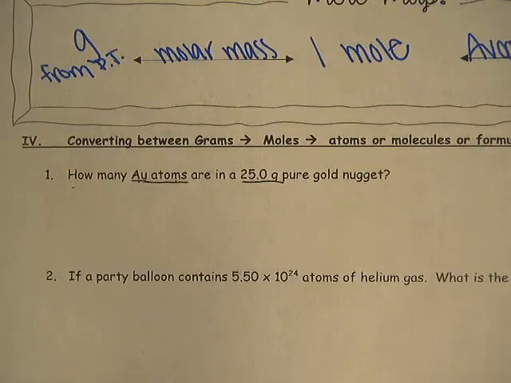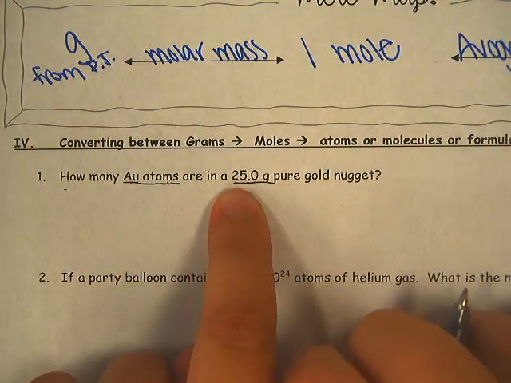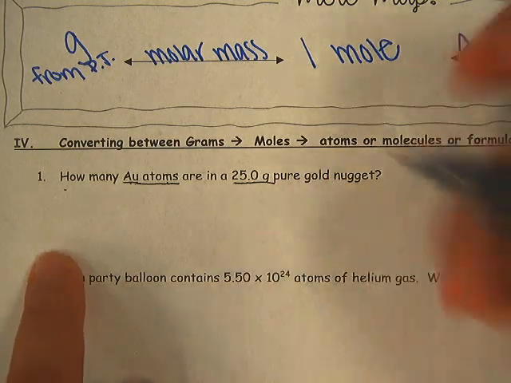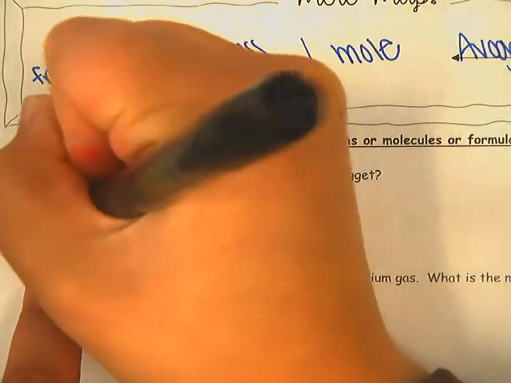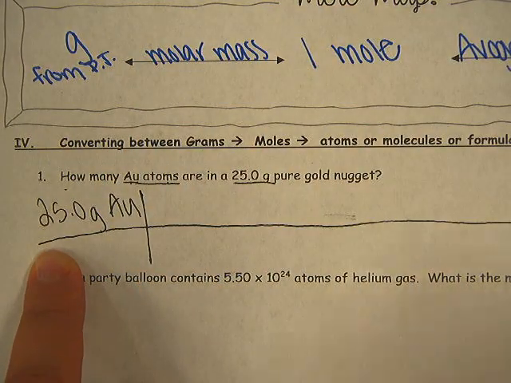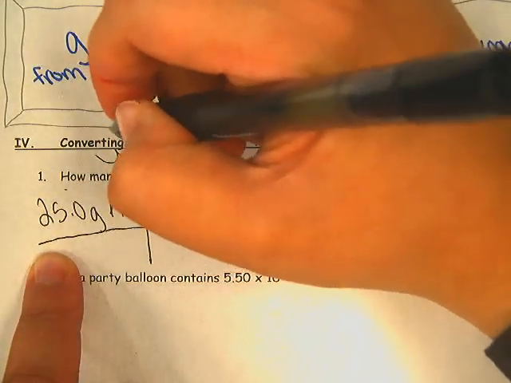And then our starting information, so for number 1, our starting information is 25.0 grams of pure gold. So 25.0 grams of AU. Your hint that you should be doing this dimensional analysis process is that we are converting.